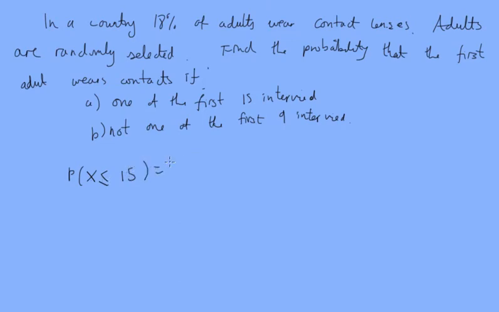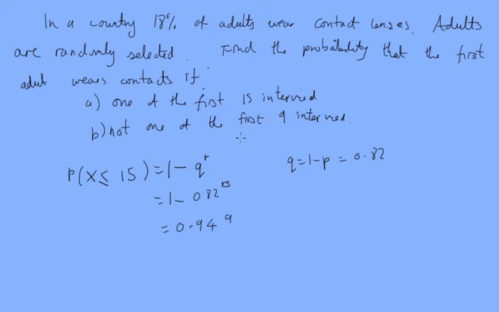And we know from just now that that's given as 1 minus q to the r, which is 1 minus, so q is 1 minus p, and so that's going to be 0.82 to the 15th, and that gives us 0.949.